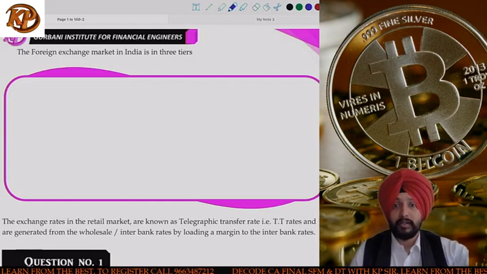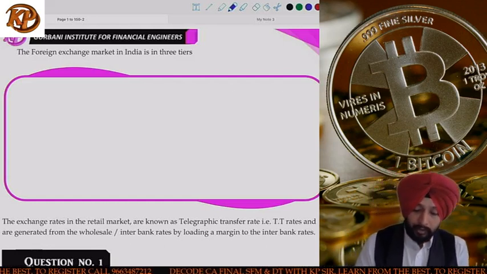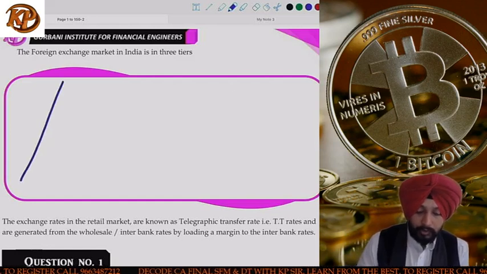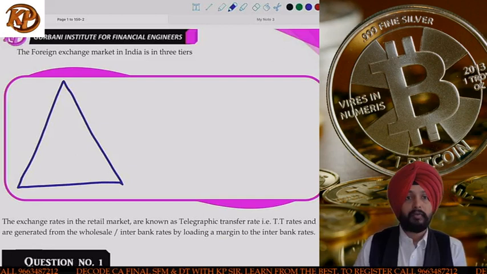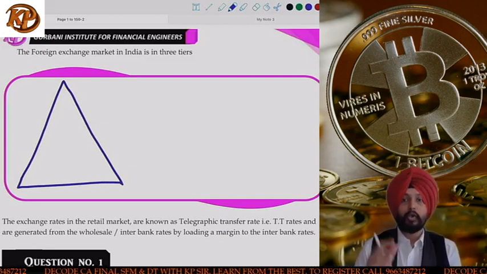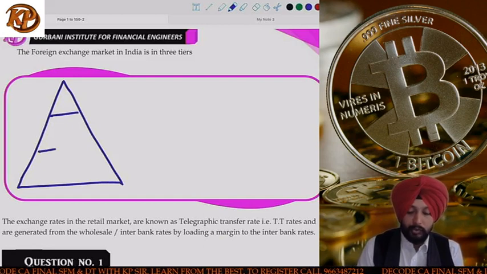The foreign exchange market structure of India is in 3 tiers, and we will try to summarize this with the help of a triangle, depending on the volume of transactions. There are 3 tiers to this market.